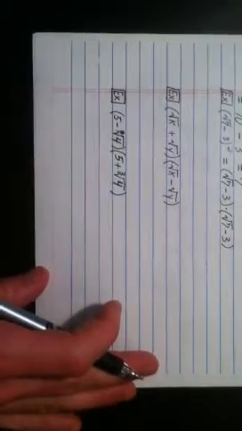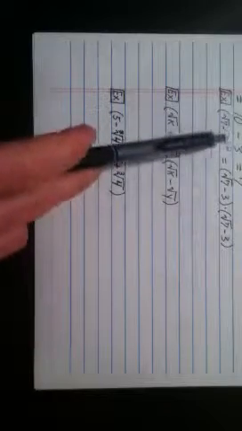So once again, we have to use the FOIL property. Square root of 7 minus 3 squared, we end up having to multiply two of those parentheses factors, so we have to use the FOIL property.